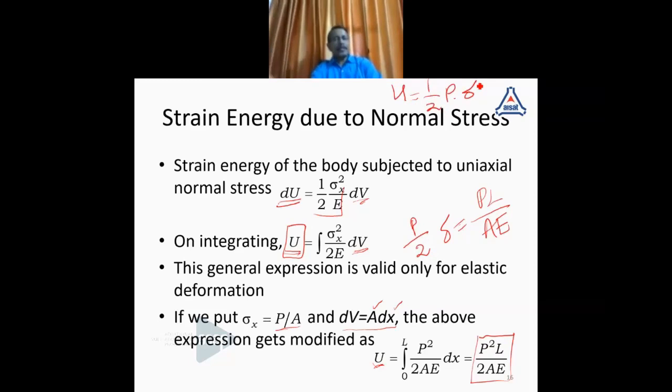It is the same expression which we have seen earlier. Half of P into x, half of P into L, like that we have written the expressions. Now it is half of P into delta, the deflection, the same expression which we studied in MOS.